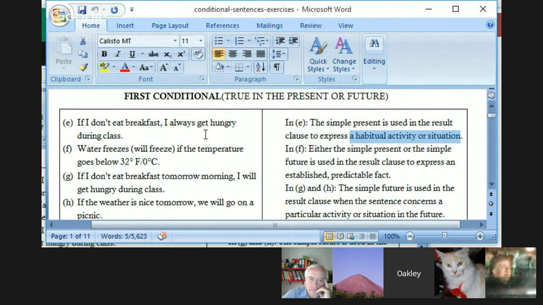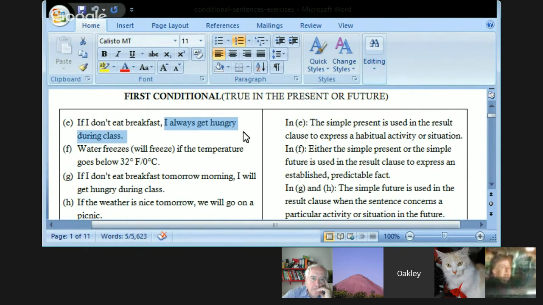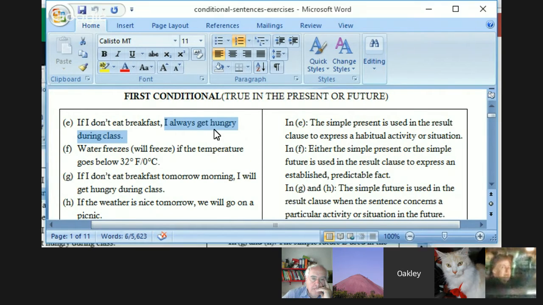I suppose if it's a habit and it has happened to this individual day after day after day, he would consider this as a truism. I always get hungry during class. Again, some people may have been taught that this is called the zero conditional. Fine.